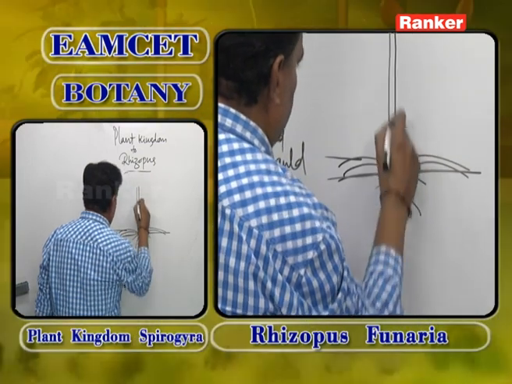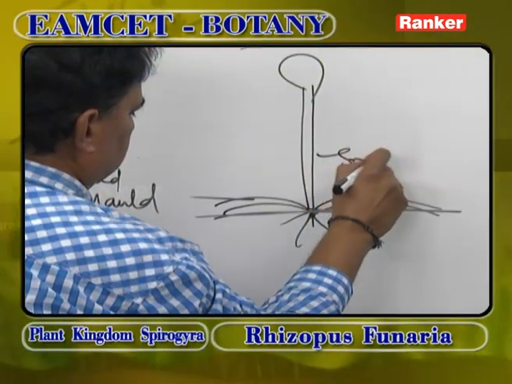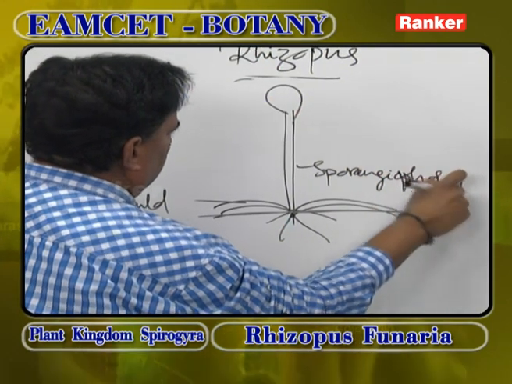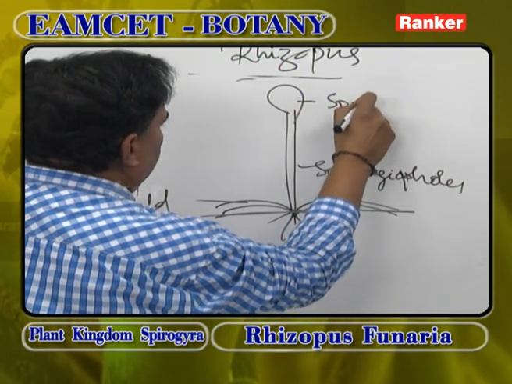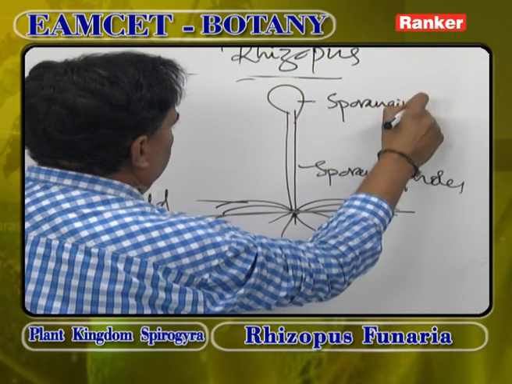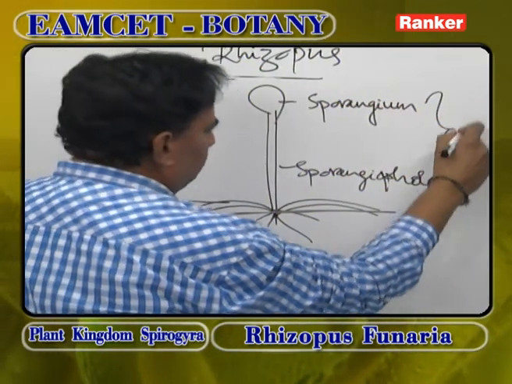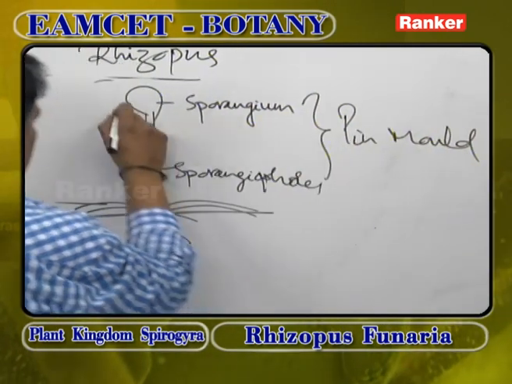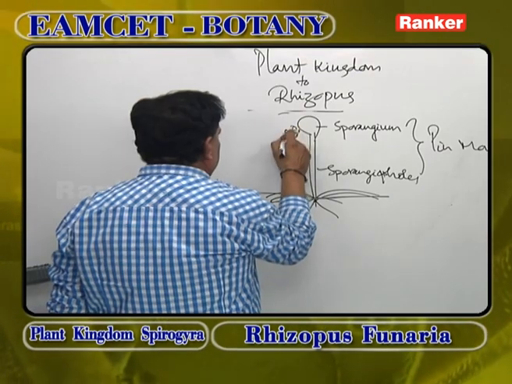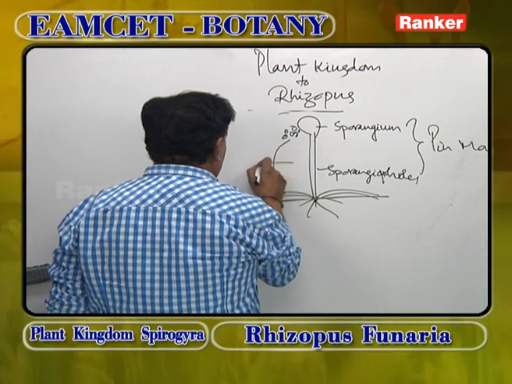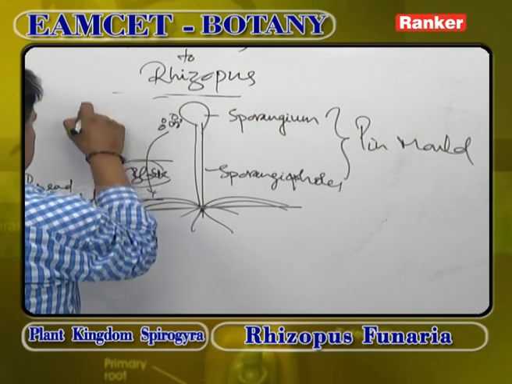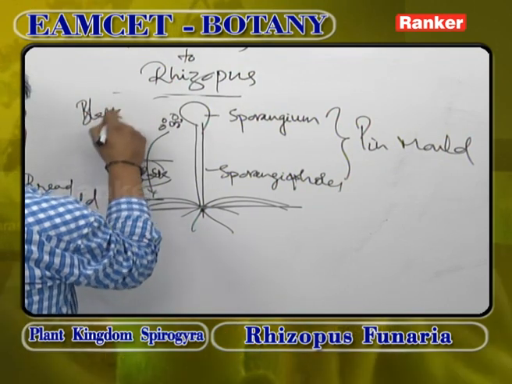When Rhizopus produces sporangiophores opposite to rhizoids and then small bulged sporangia at the tip of the sporangiophore, it resembles a pin, hence it is called pin mold. When it produces spores, when these spores fall on the medium, the whole medium converts into black color, hence it is also called black mold.